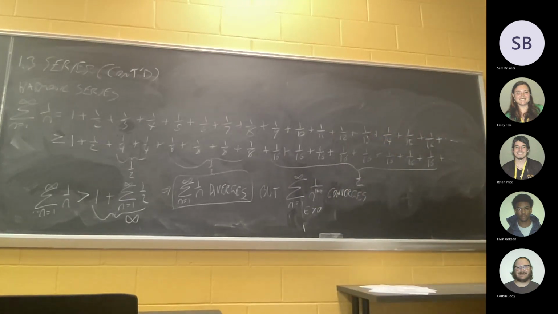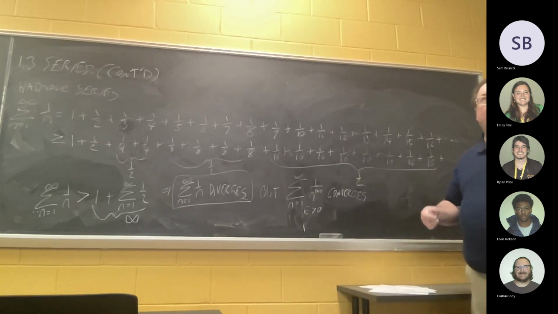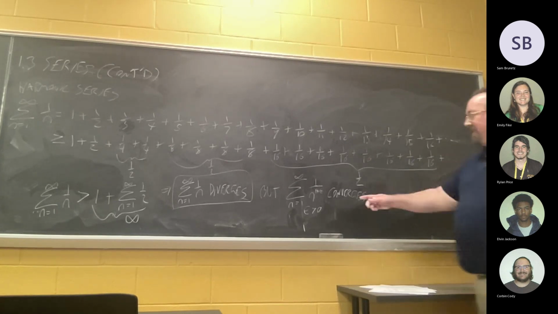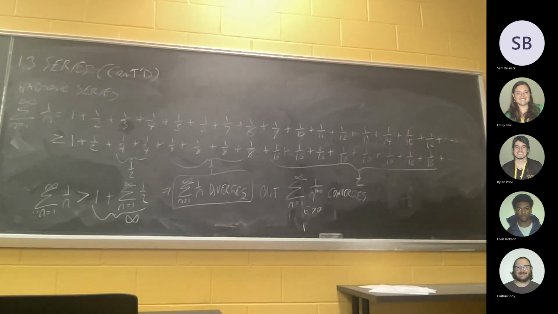This is called a p-series. So 1 over n to the p is known to converge whenever p is strictly greater than 1. So if I exceed 1 by the tiniest little bit, it'll converge.